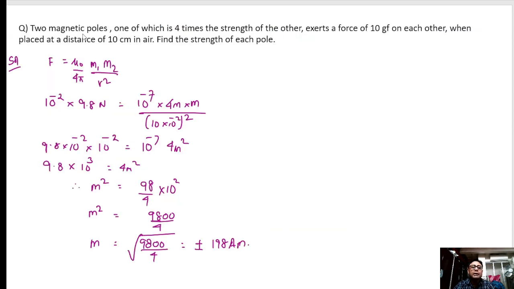Next, two magnetic poles, one of which is 4 times the other. That means m1 is equal to 4 times m2. They exert a force of 10 gf when placed at a distance of 10 centimeter in air. So this is the force given, and that means this is the r given. Find the strength of each pole.